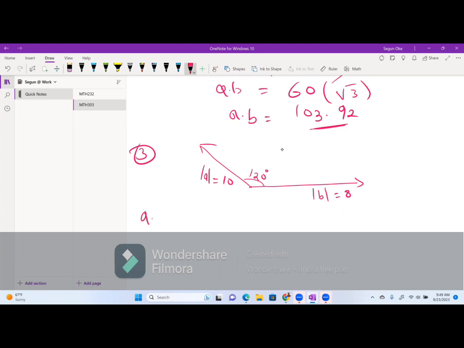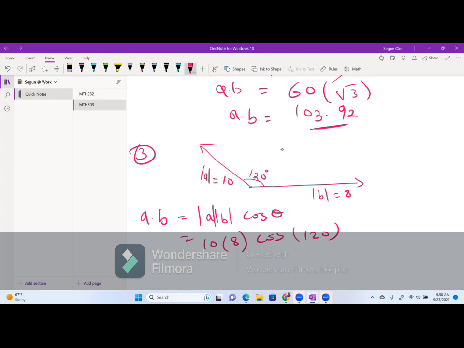Then they ask me to calculate A dot B. I know that A dot B is the same thing as the magnitude of A multiplied by the magnitude of B, cos theta. The magnitude of A is 10 multiplied by the magnitude of B, 8, then cos 120.